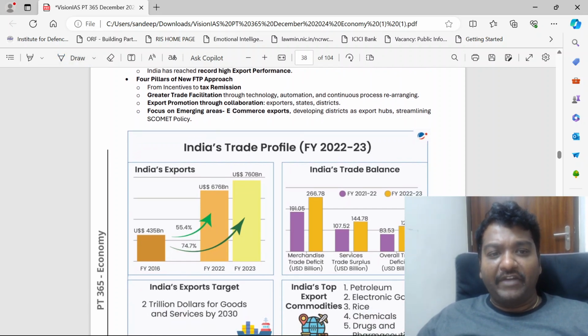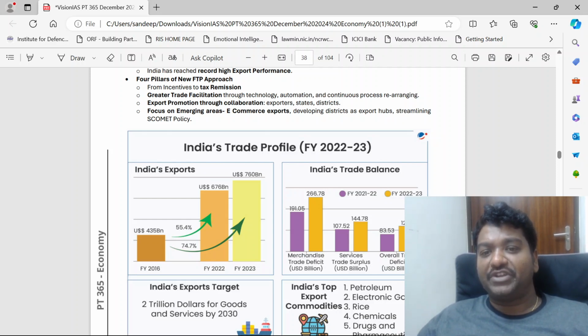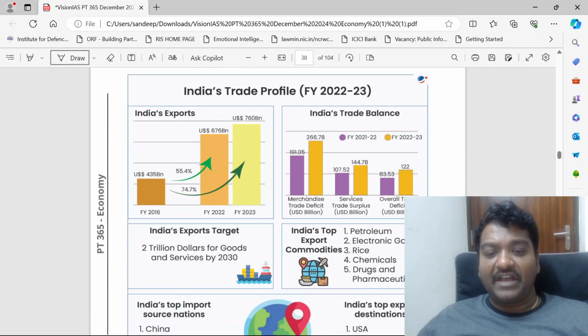From incentives to tax remission. Greater trade facilitation through technology, automation, and continuous process re-engineering. Export promotion through collaboration. Exporters, states, districts, everyone will come together. Focus on emerging areas, e-commerce, exports. These are the things that they are focusing on, guys.